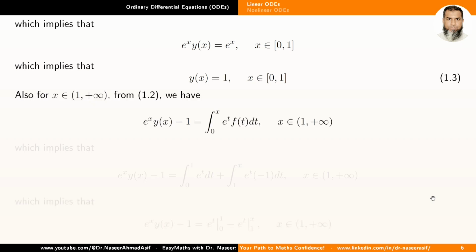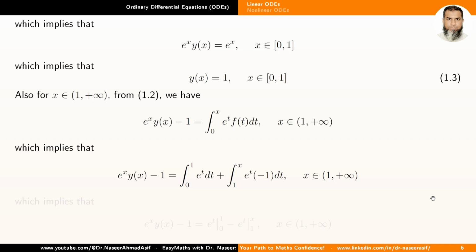Also for x in the open interval 1 to plus infinity, from equation 1.2 we have e^x y(x) minus 1 is equal to the integral from 0 to x of e^t f(t) dt. So e^x y(x) minus 1 is equal to the integral from 0 to 1 of e^t dt plus the integral from 1 to x of e^t times minus 1 dt, where x belongs to the open interval 1 to plus infinity.